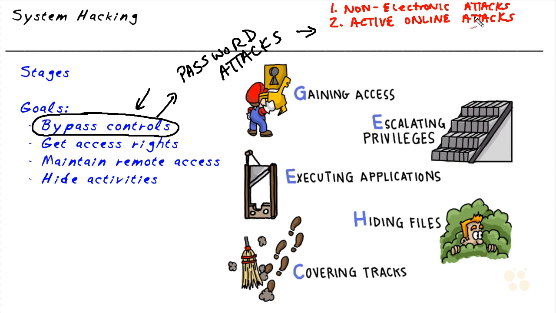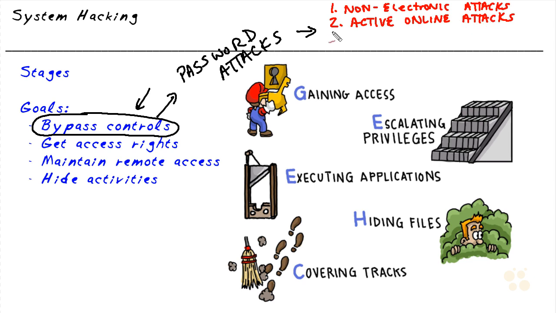Or we could use what's called a brute force attack, which is generating every possible combination of alphanumerics and special characters in an attempt to discover, by trying it, the correct password that the user is using. Another option would be malware, such as Trojans, spyware, or keyloggers that are recording the information regarding what the user is typing in. And those are all considered to be active online attacks.